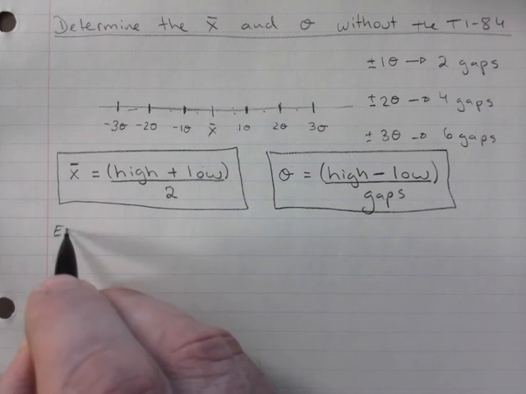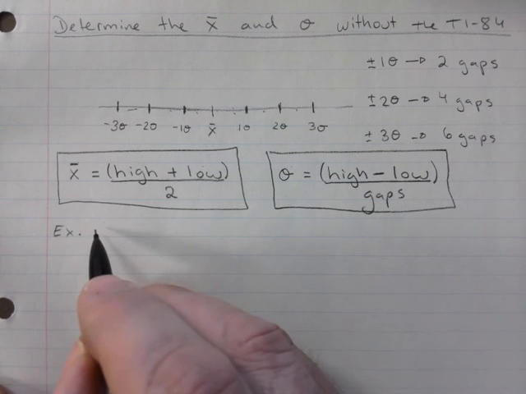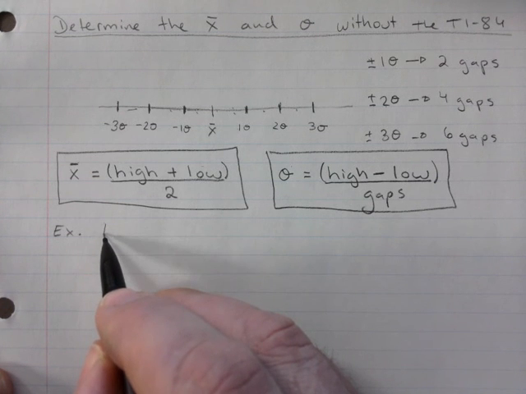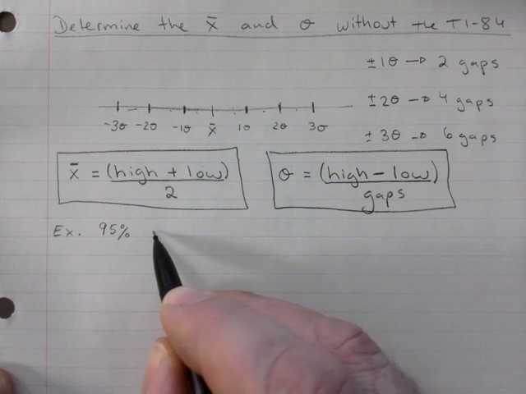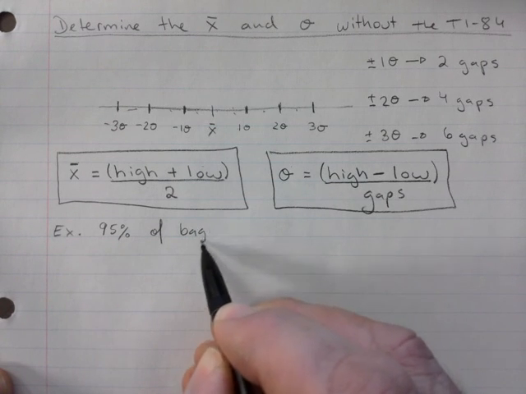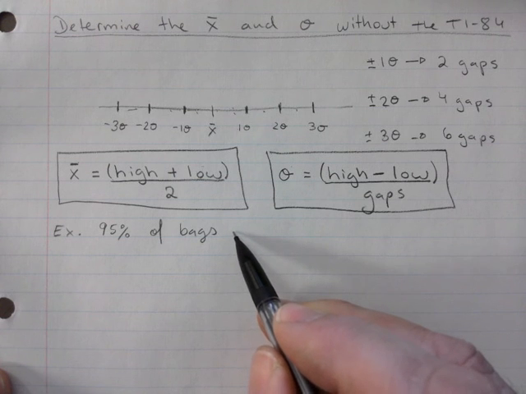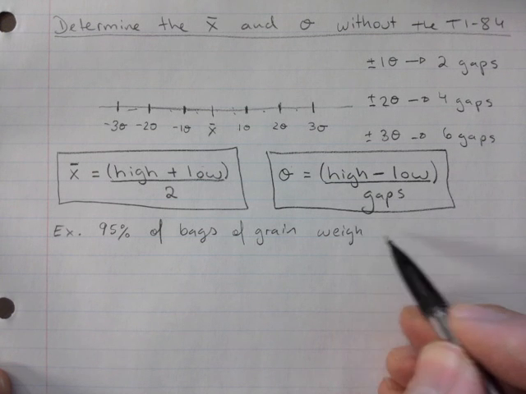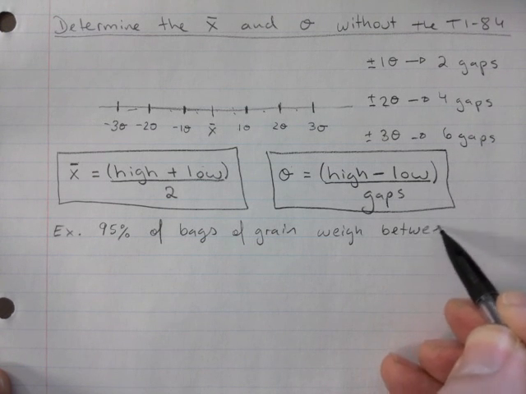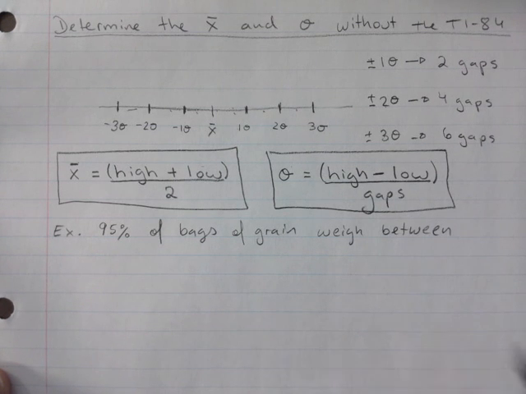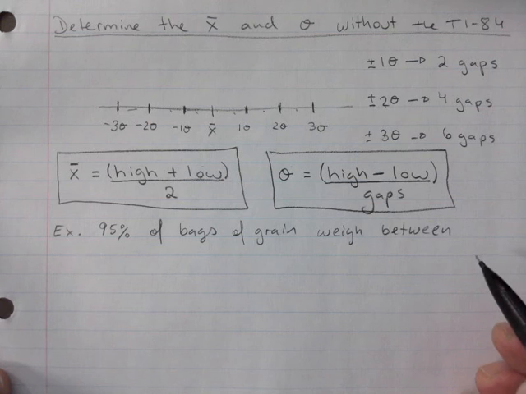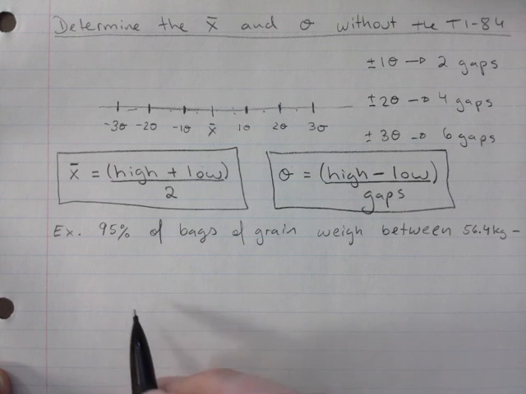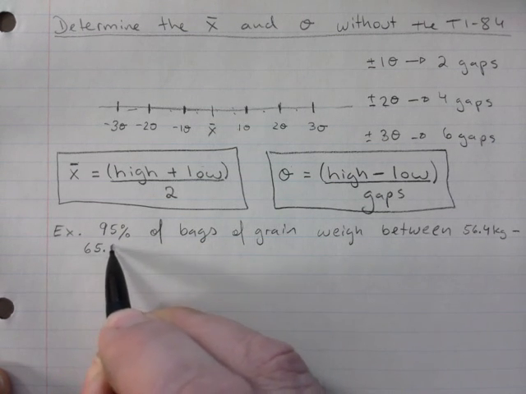So for example, 95% of bags of grain weigh between 56.4 kilograms and 65.6 kilograms.